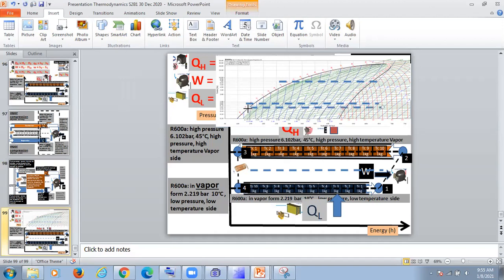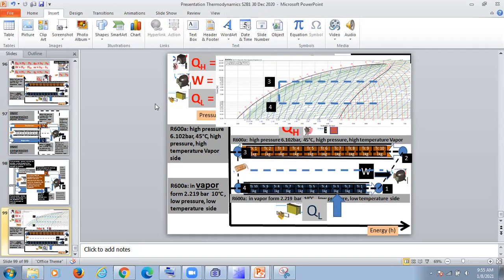I'm drawing the other one. Metering device, no change of energy. So this should come like this, so this point should come here. Points 3 and 4, something like this.